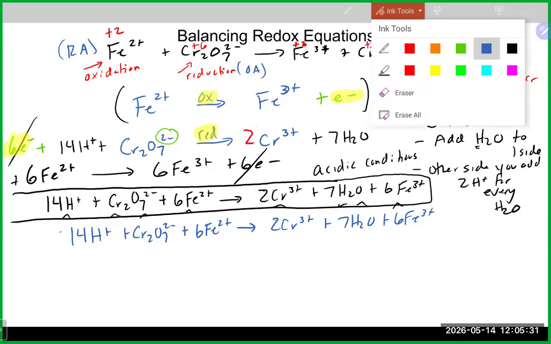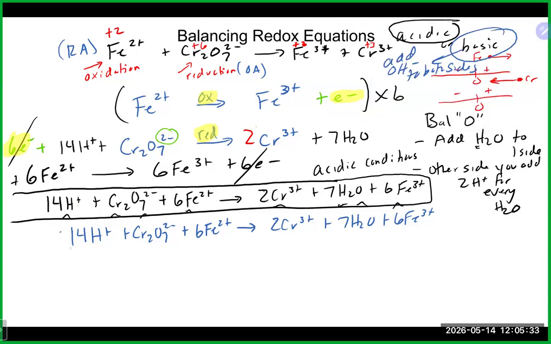And the answer is we're going to add an equal amount of OH- that equals our H+. So whatever your H+ is, that's how much OH- you're going to add. So in this case, 14 is my H+. So I'm going to add 14 OH- to the left. And I will also add that to the right-hand side in this case.